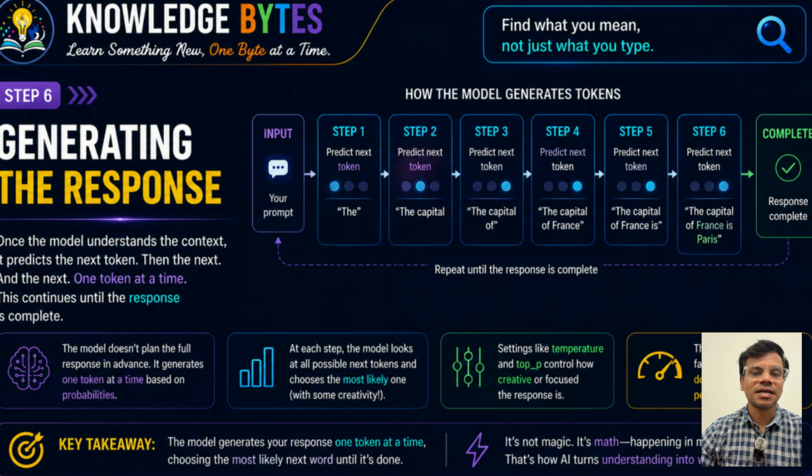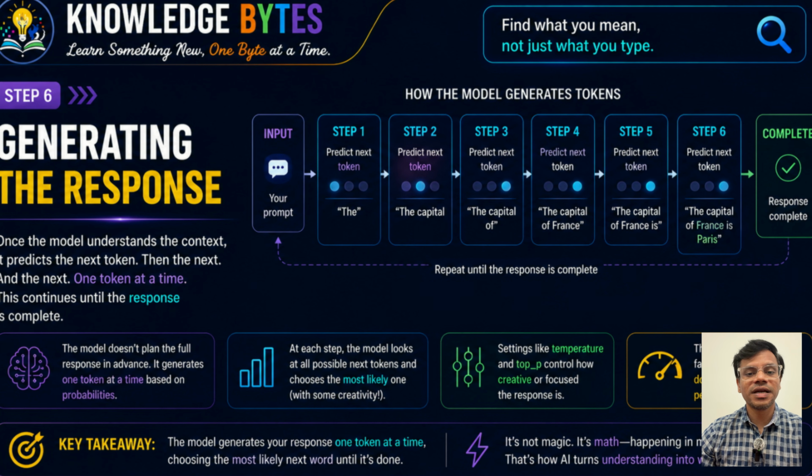Now let's understand the response part. This is the part that surprises most people. ChatGPT doesn't generate an entire paragraph instantly. Instead, it predicts one token at a time. First, it predicts the most likely next token. Then it uses that token to predict the next one.